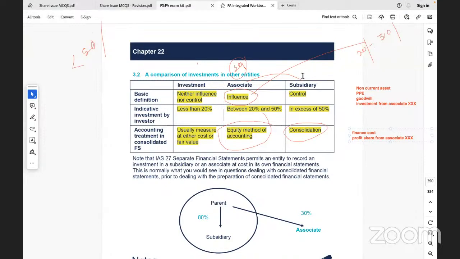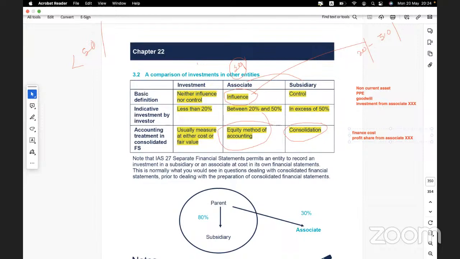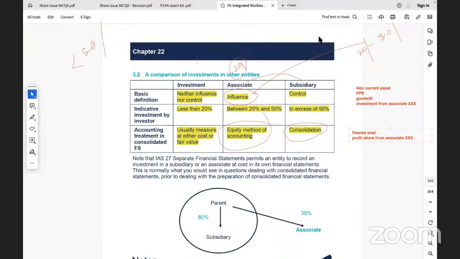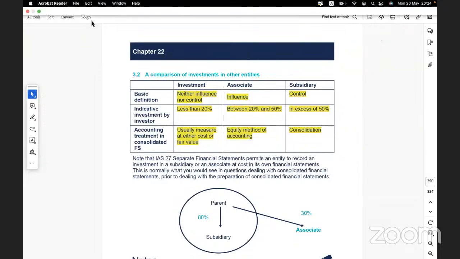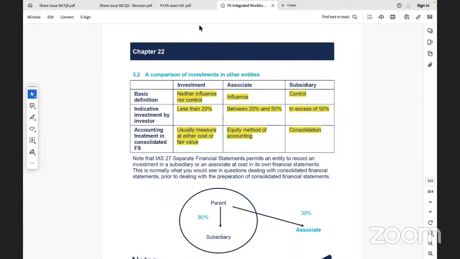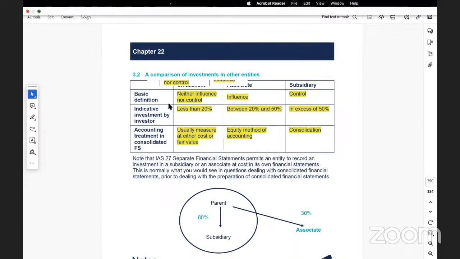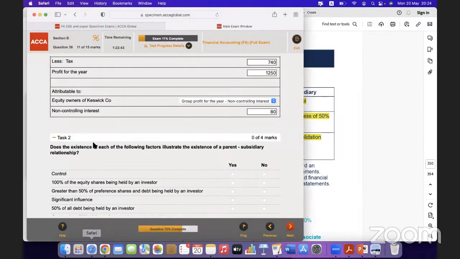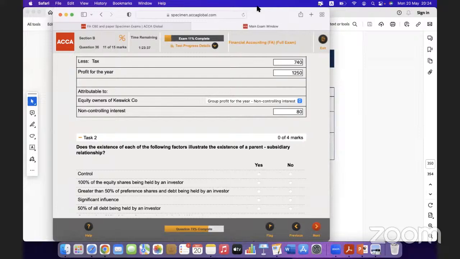We just do two simple equations. The equations' answers, we are going and marking in the SOFP and income statement like this. So this is what you need to learn in terms of an associate. For the FA level, you will only get theory questions related to associate, whereas it is in the next level where you will be getting questions on this particular part. Okay.